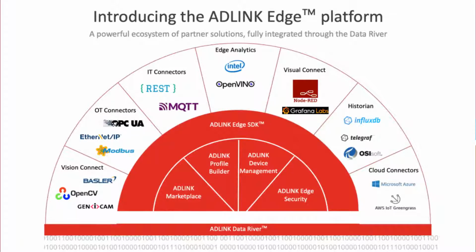By using the Edge SDK and all these apps utilizing the Data River, all these technologies can effectively be integrated into a single solution. So they can all talk to each other and exchange information, no matter where they are deployed. So what we've done with the ADLINK Edge as a platform, that's what we call it.